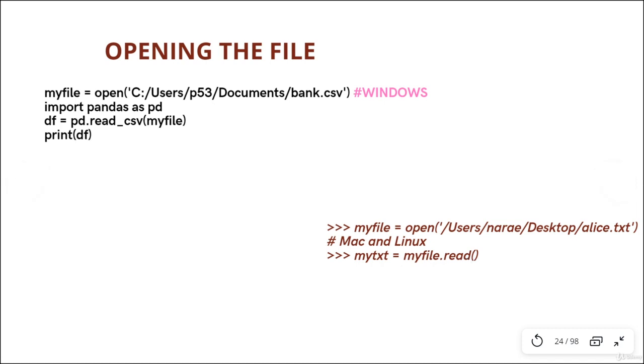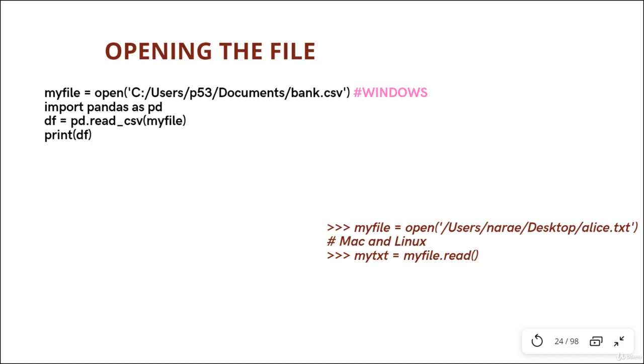Please remember, these instructions which I'm showing you are applicable only if you are running a Windows system. If your system is a Mac or Linux, then the system is a little different, which is on the right bottom. So the commands are a little different. You have to use open only, but after that the address might differ.